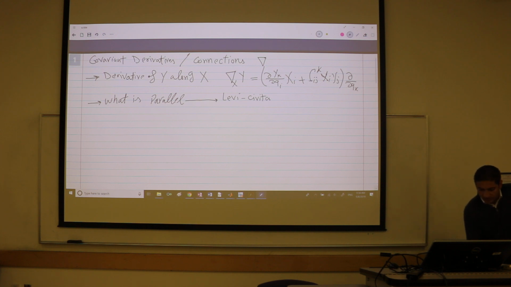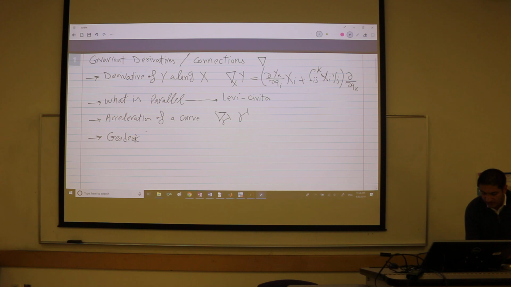So yeah, we define what we mean by parallel, and more importantly for us here, we define what we mean by acceleration of a curve. Which is not like gamma prime. Gamma prime is the velocity vector along the curve, and from the derivative of it we can define the geodesic, the straight line.